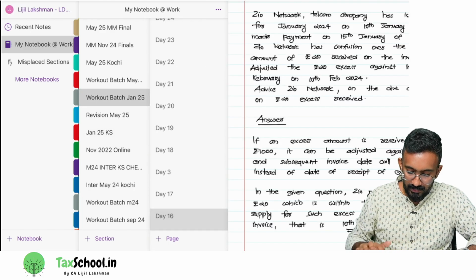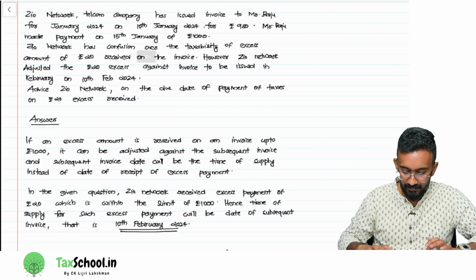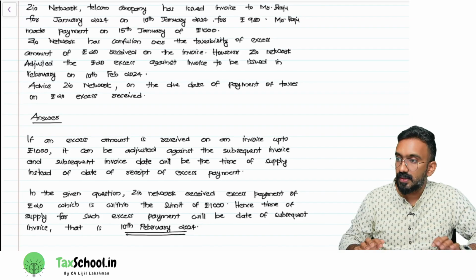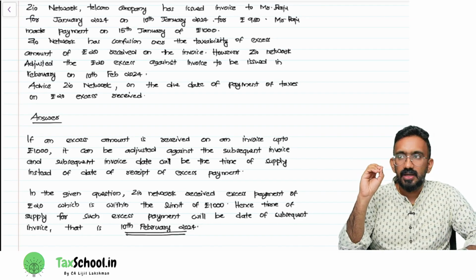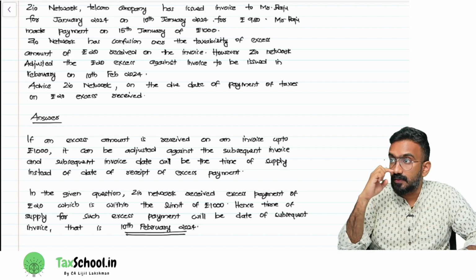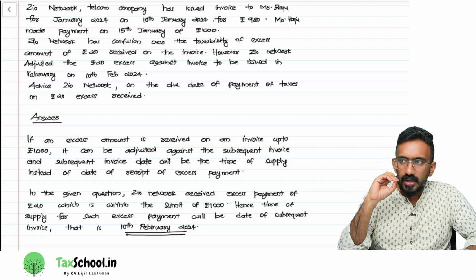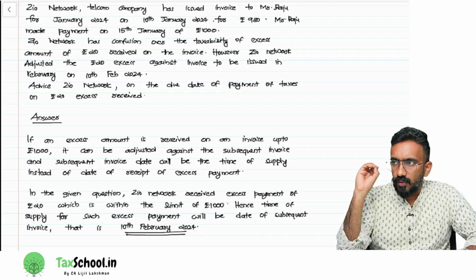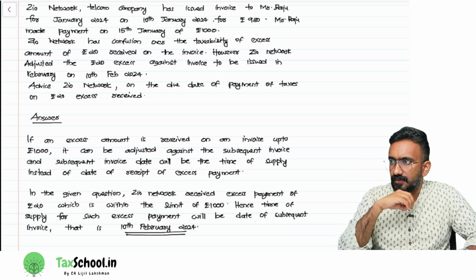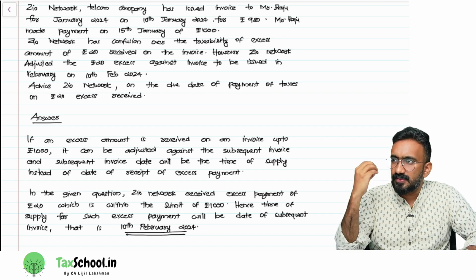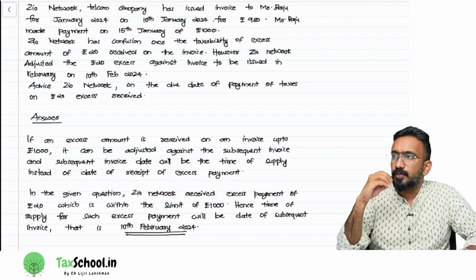I will put you through an example question. Look at this question here. Zio Network, a telecom company, has issued invoice to Mr. Raju for January 2024 on 10th January 2024 for 980 rupees. Mr. Raju made payment on 15th January of rupees 1000.